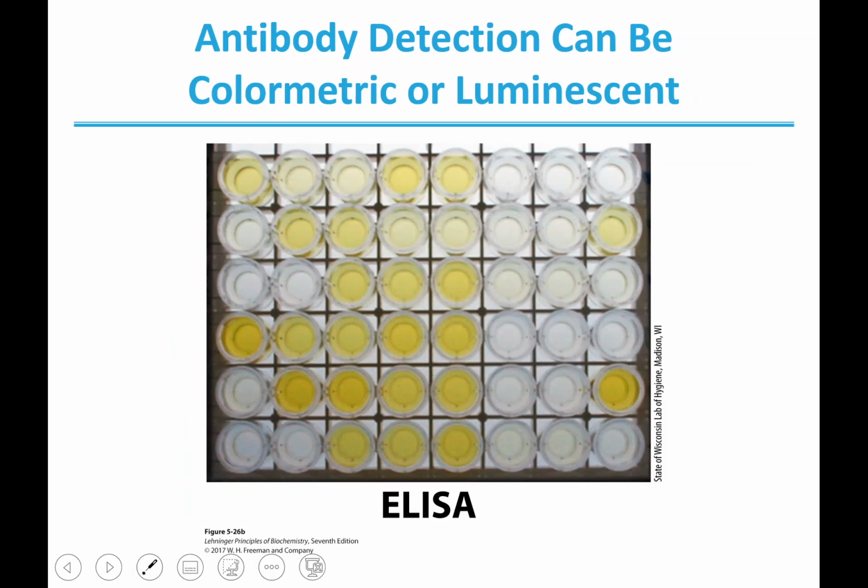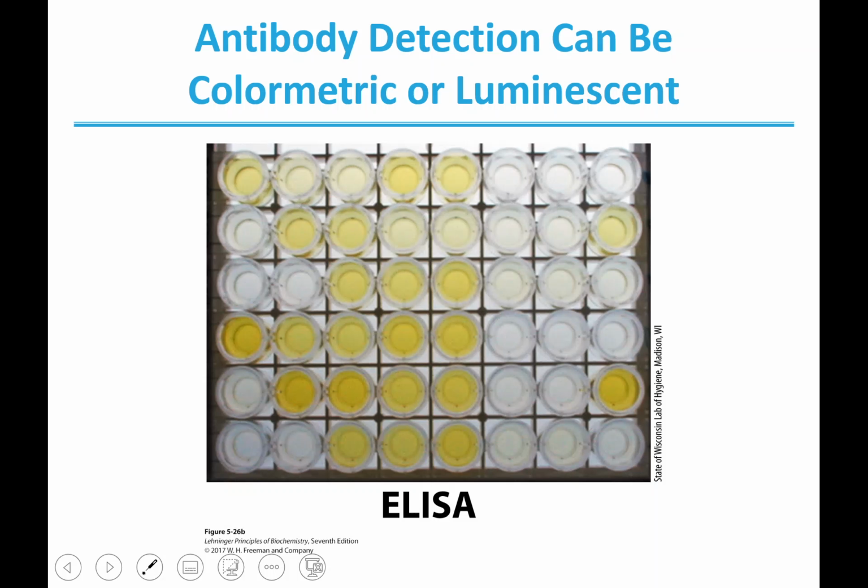The same technique is used in what's known as ELISA, which stands for enzyme-linked immunosorbent assay. In ELISA, you're doing a similar thing with a very specific antibody for your protein of interest, and then it gives off a certain color of light, and you can read that in a plate reader.